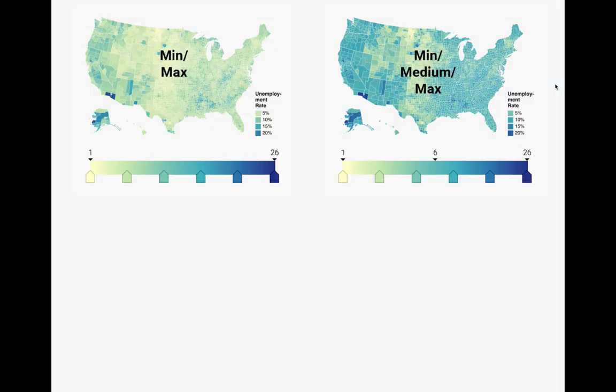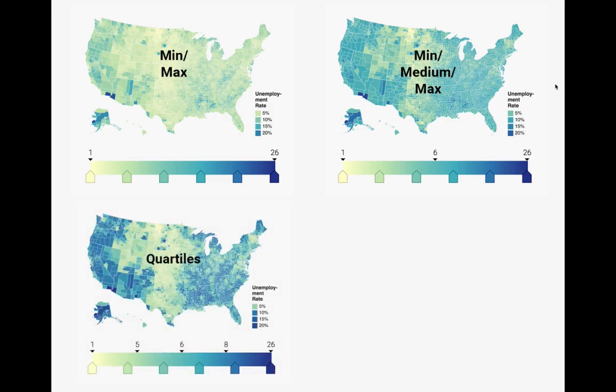So between this min and max approach, which is the linear color scaling, and a somewhat skewed one, you can of course push this further. So you can, for example, use quartiles, which divide your data set not into a lower end and a higher end, but into quartiles, with 25% between each of the ranges.